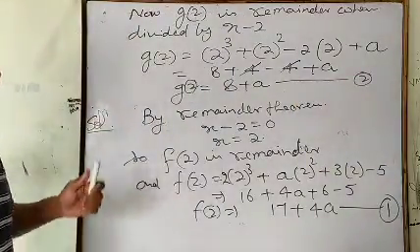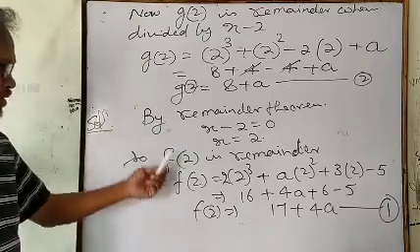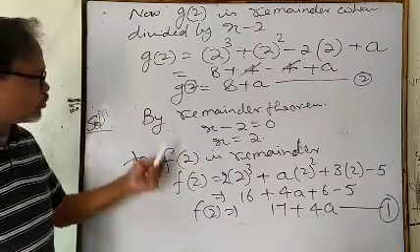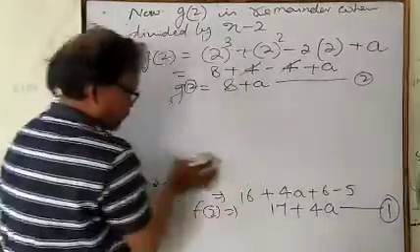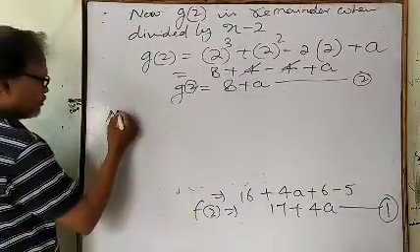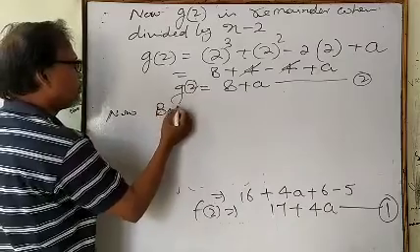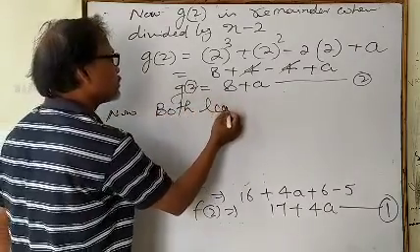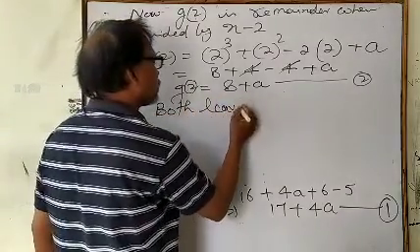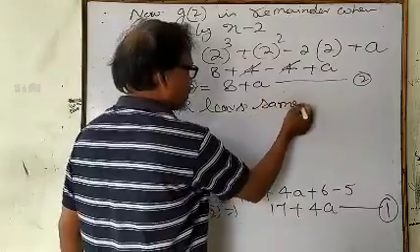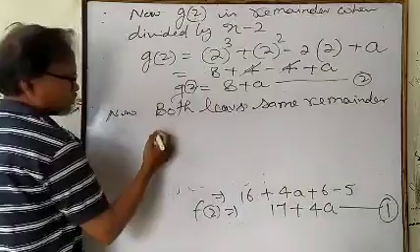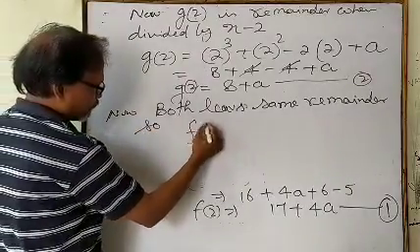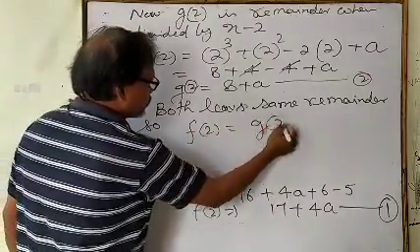Now according to the question, because both leave the same remainder, f of 2 is equal to g of 2.